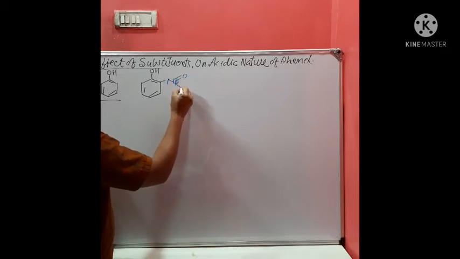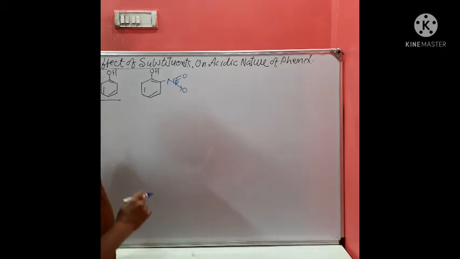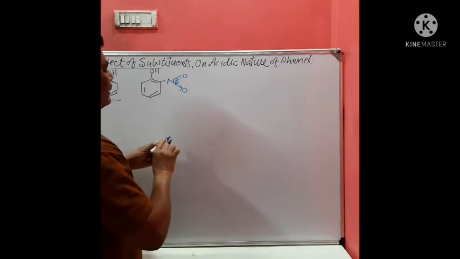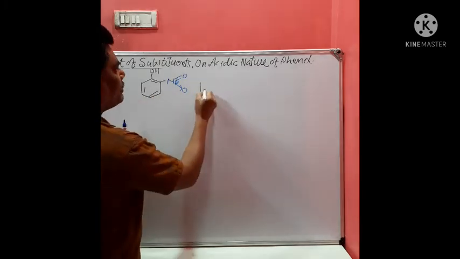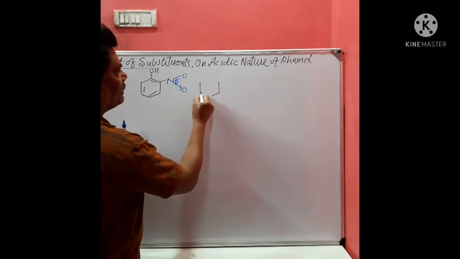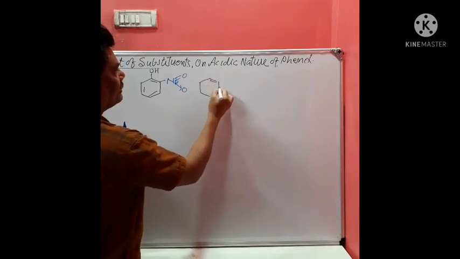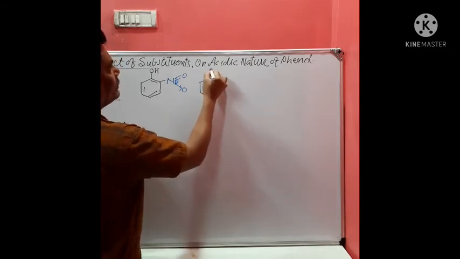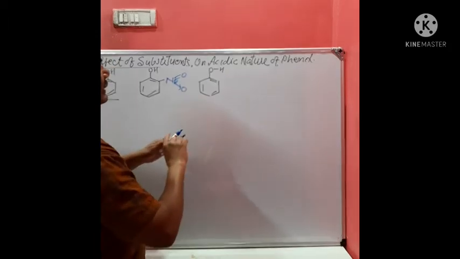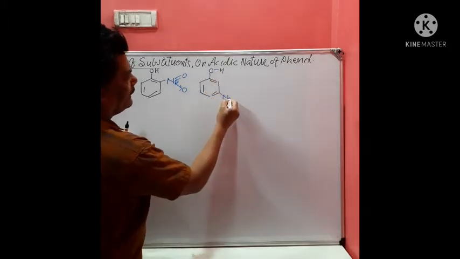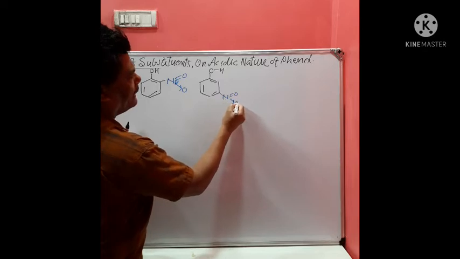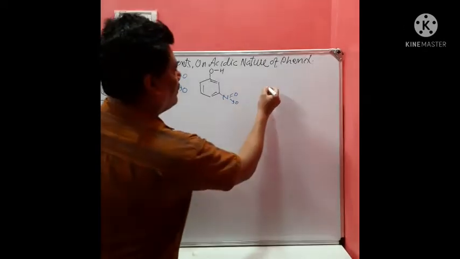This is O and this is NO2. Okay, let me draw one more compound. This is OH, and now N double bond O and O, NO2, and one more compound.